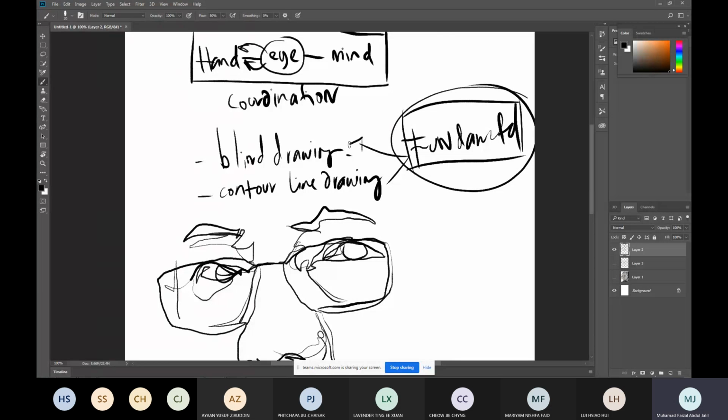But a lot of people take this exercise for granted, even though they can use the tool.